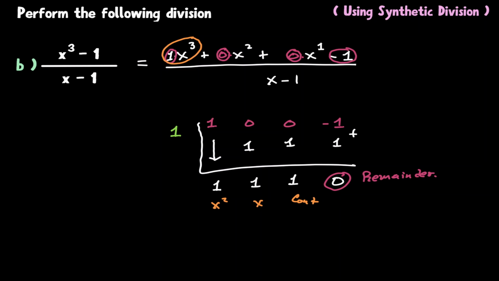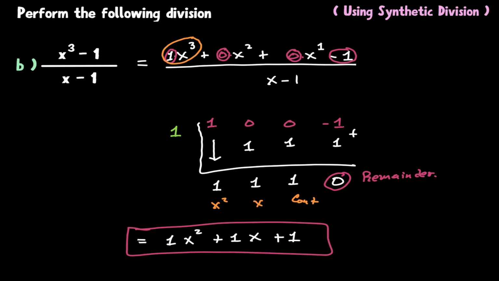So let's write down our result. We're going to get 1 x to the second plus 1 x plus 1 plus a remainder of 0. But we're not going to write that down. So we are done.